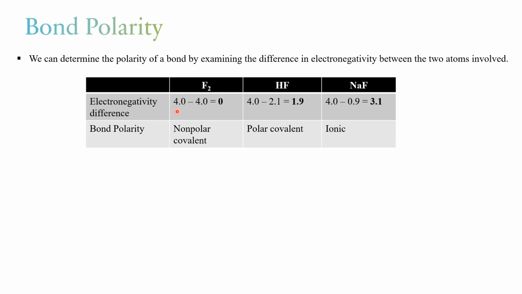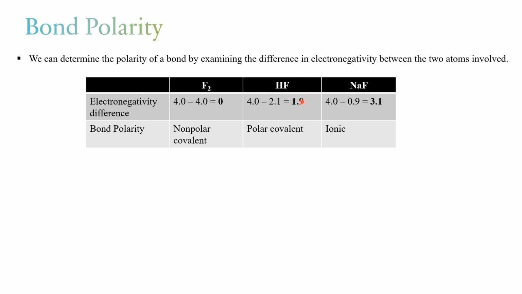One fluorine atom 4.0, the other fluorine atom 4.0. Between the two fluorine atoms is one covalent bond, two electrons shared. So the electronegativity difference is 4.0 minus 4.0, which is 0. So 0 difference means the bond is non-polar covalent. The two electrons between the two fluorine atoms are shared equally. Therefore, it is non-polar covalent.